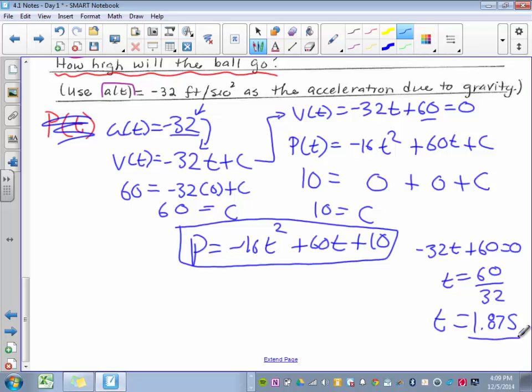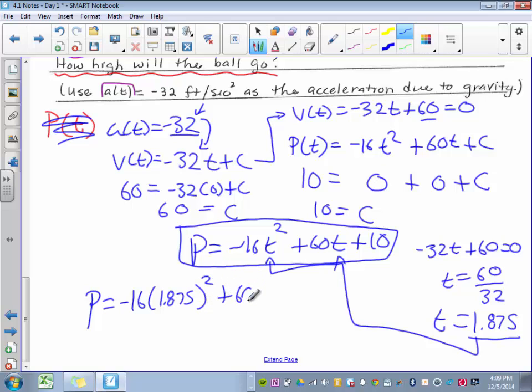But now we're going to take this 1.875 and plug it into the t in the position function to figure out what we get. So p is equal to negative 16 times 1.875 squared plus 60 times 1.875 plus 10.